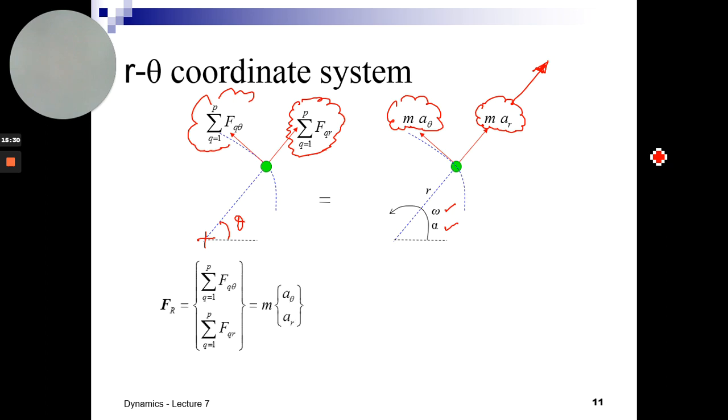So this is the equation, sama juga, jumlah resultant forces in matrix form, jumlah component of external forces at a theta, and then jumlah external forces yang bertindak pada radially secara jejari, dan sama dengan m times acceleration pada waktu sudut ni, and then acceleration secara radially.